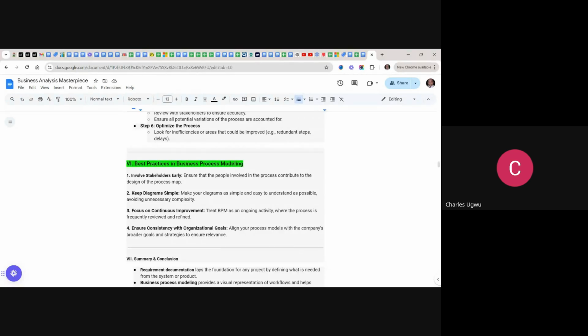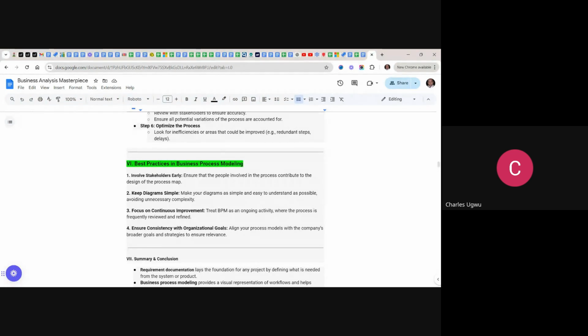As a matter of fact, when you see my diagram, I don't need to explain my diagram because the purpose of the diagram is that you are modeling for a layman who cannot even read to look at it and understand what the requirement is all about or what the system is about.